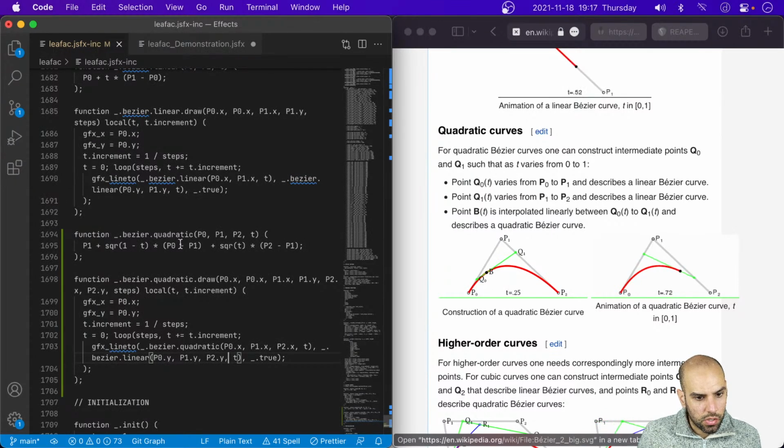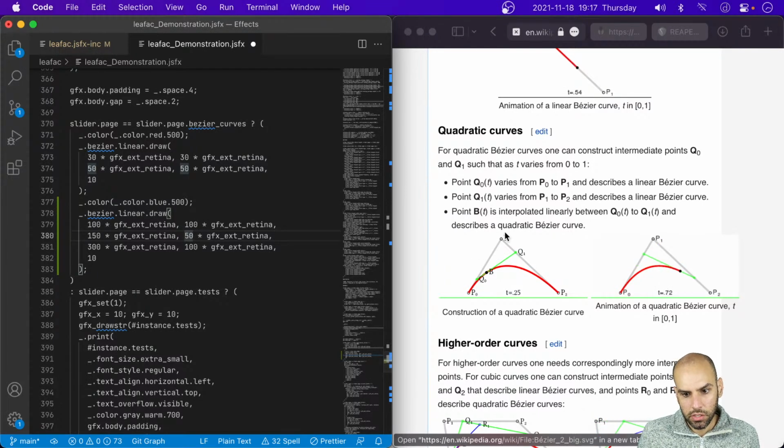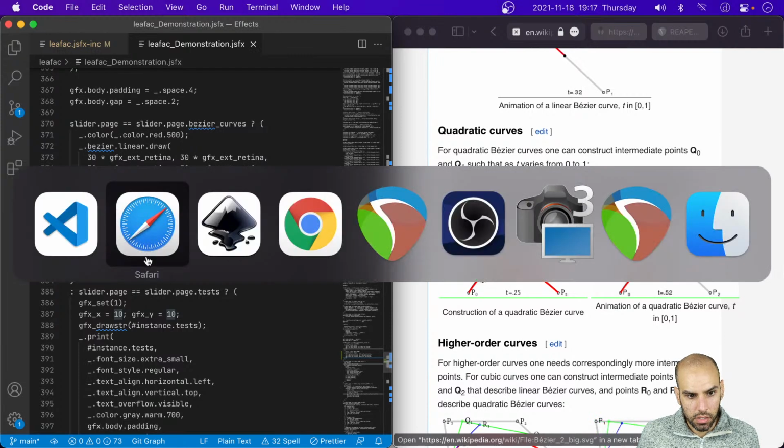And then over there on the formula, all right, that's right as well. Okay, so we're going to go with blue, and from 100, 100 to 300, 100, passing by, let's say, 150 and 50. Yeah, that's going to be above. In 10 steps, why not?